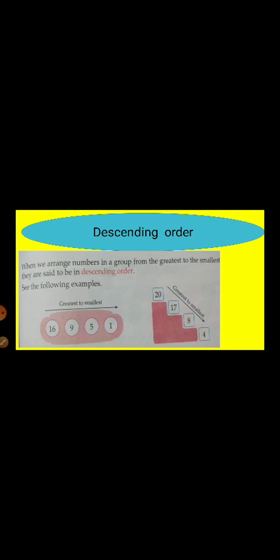Then 17 is smaller, 8 is smaller and 4 is the smallest number. So we arrange numbers from greatest to smallest. It is called descending order or decreasing order. Now we will see the examples. On the same page there are examples or exercises.